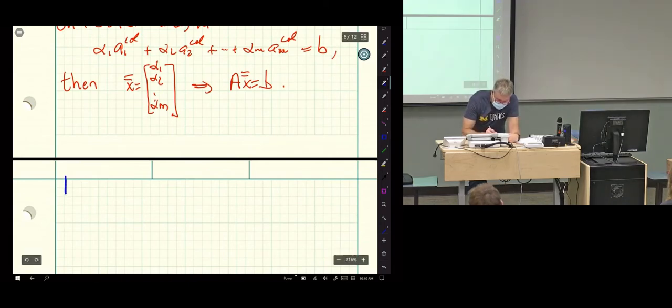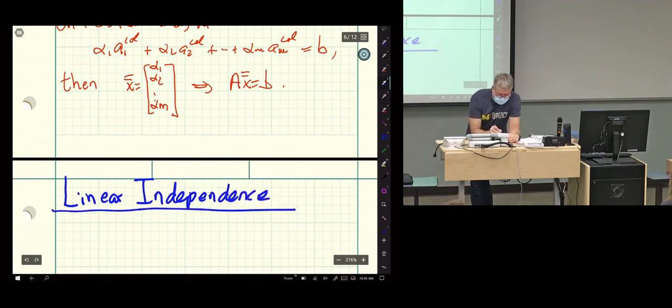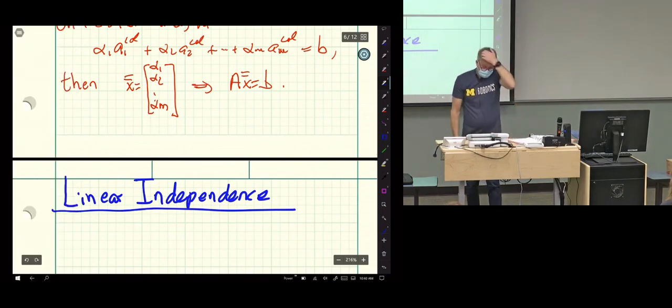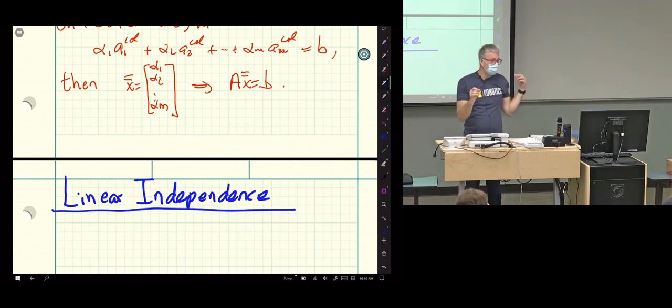Okay, so here's our next big topic, linear independence. If you guys get down linear combinations and linear independence, it's sort of like 25% of linear algebra is right there, okay?